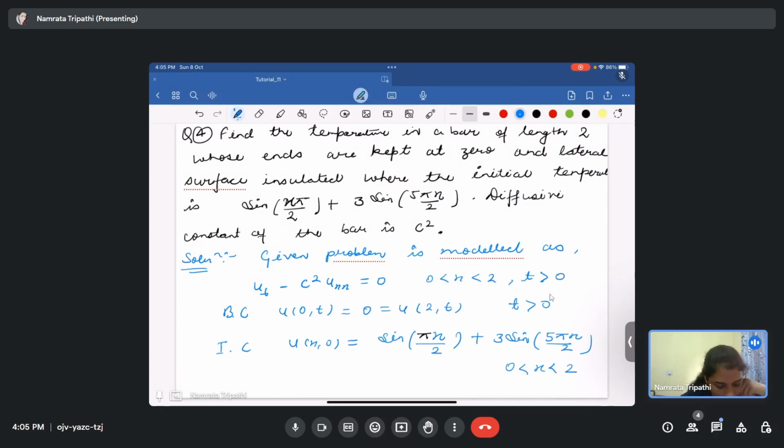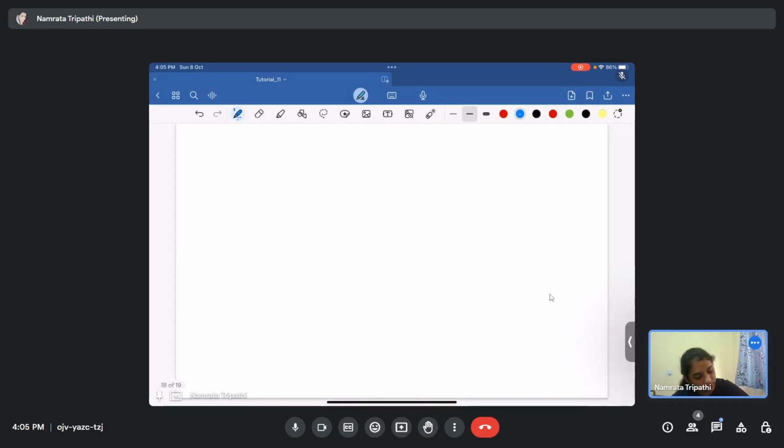Can anyone tell me the solution for this problem, without using the initial condition? Because the use of initial condition is to find the coefficient value An. But before that we can write the solution for the heat equation.